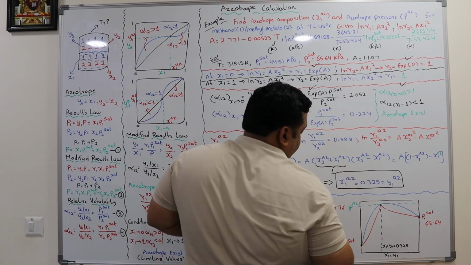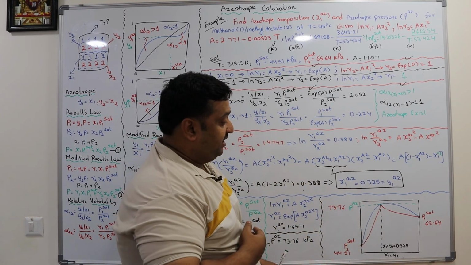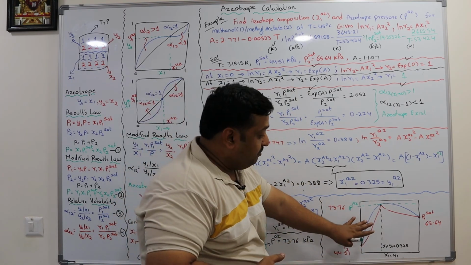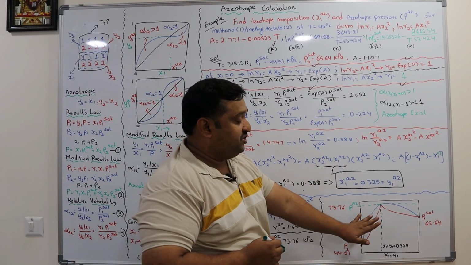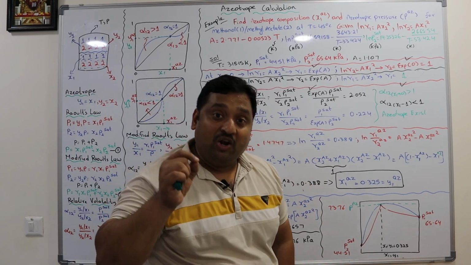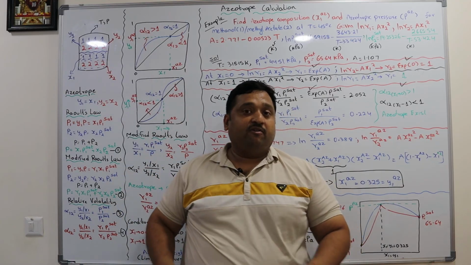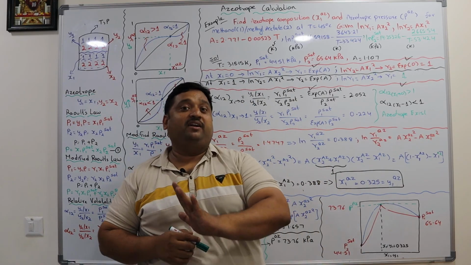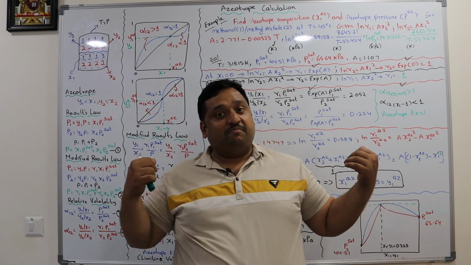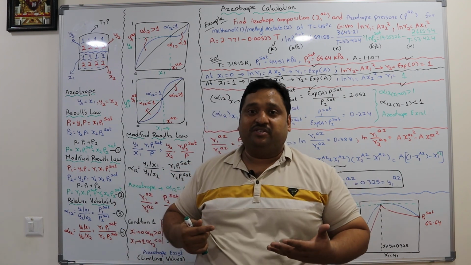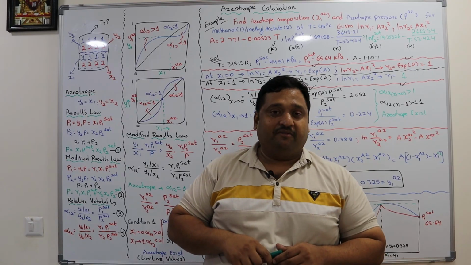This is how we can identify. If you remember my last class, high pressure azeotrope is nothing but low temperature azeotrope. This is how we can identify the azeotropes, and this is a method to calculate azeotropic compositions. Thank you very much. We'll meet in the next lecture.